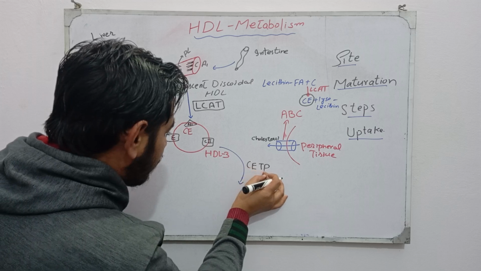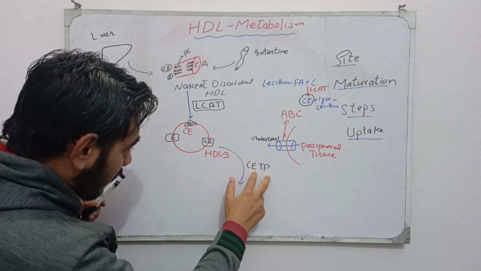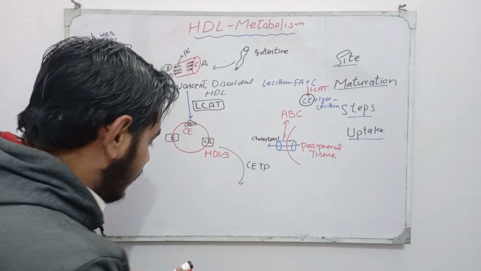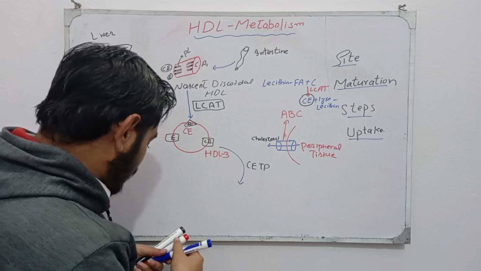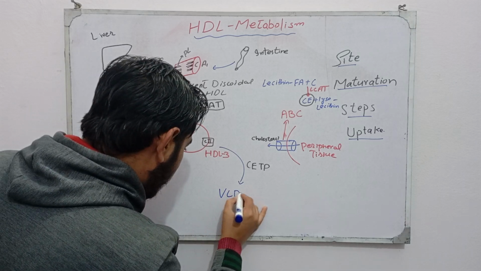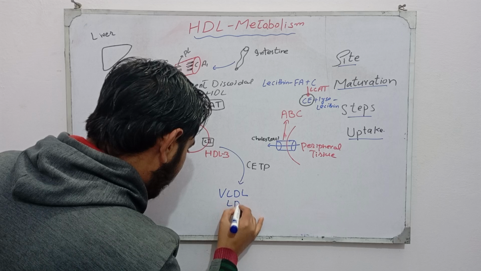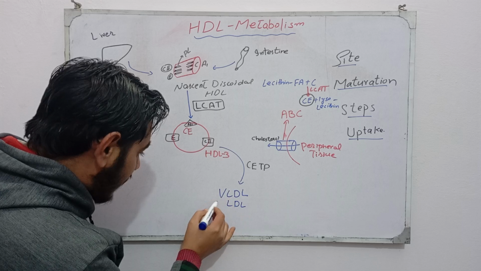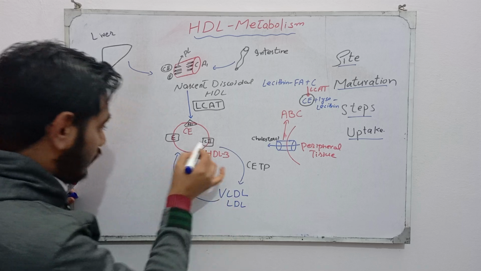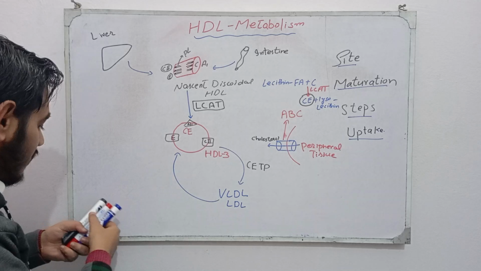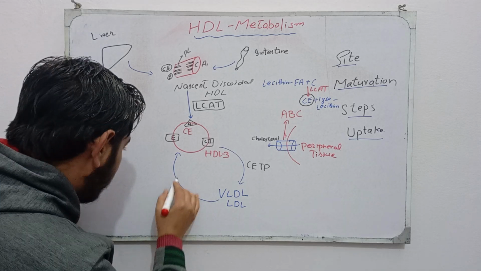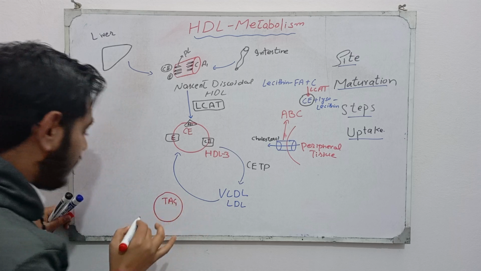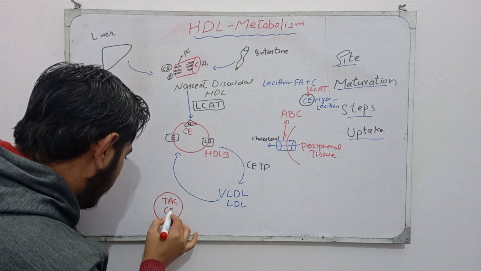With the help of this protein, cholesterol ester gets transported toward VLDL and LDL, and from these lipoproteins triacylglycerol gets transported to HDL3, and this converts into HDL2, which contains a high amount of triacylglycerol and less cholesterol ester.